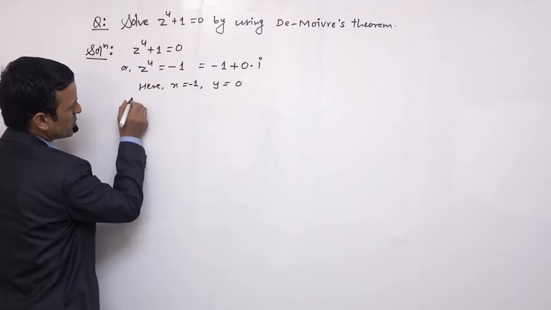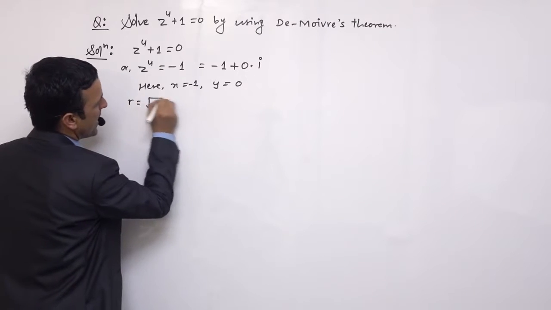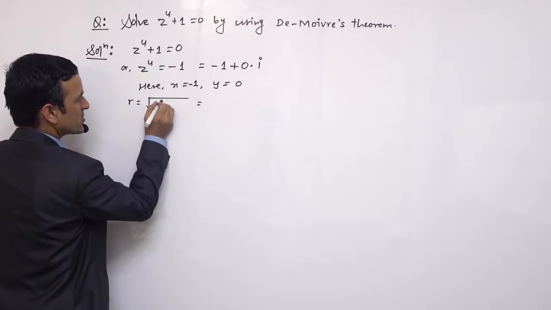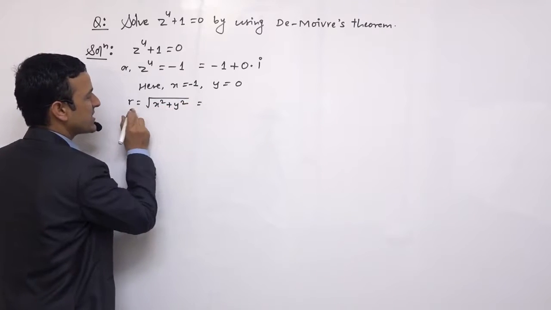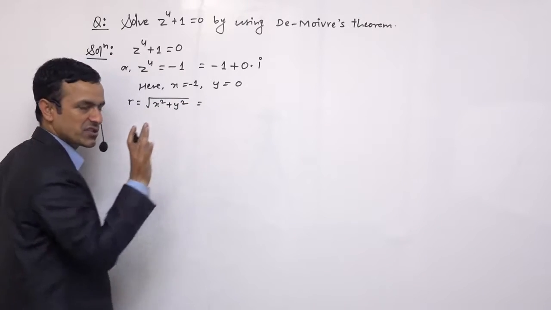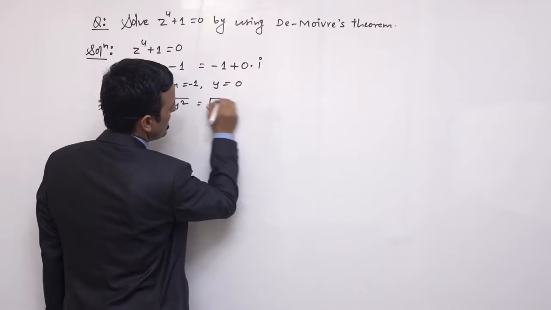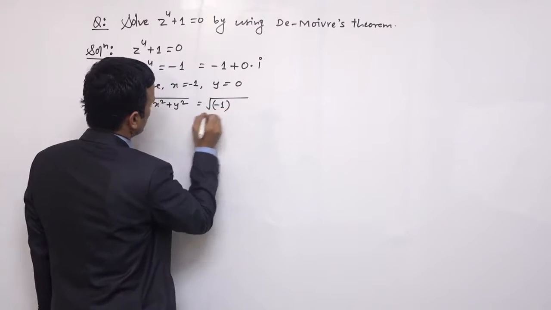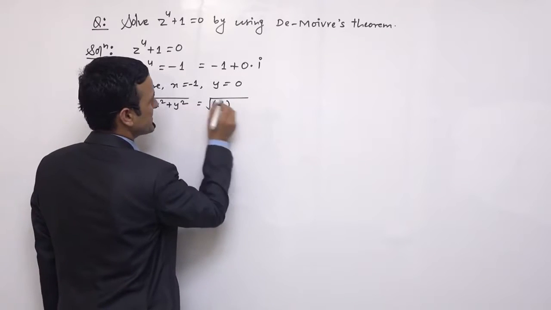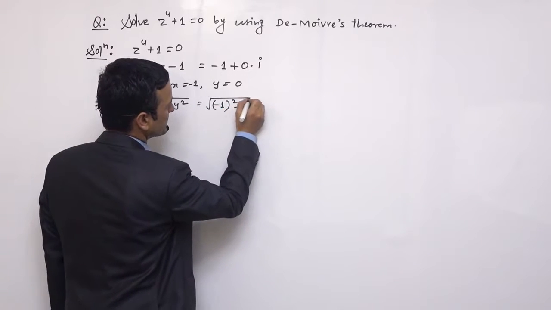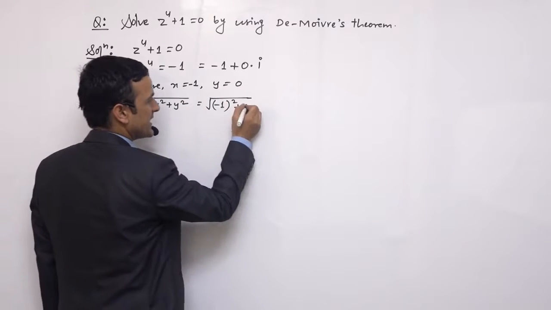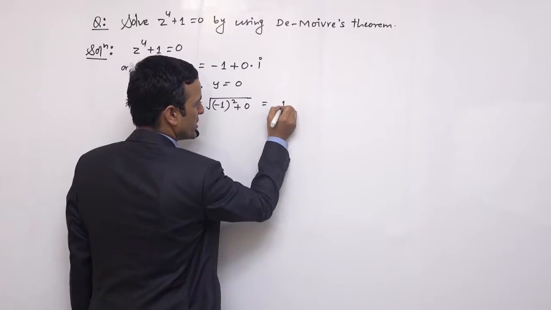So from this we get the value of r and theta. The value of r is the square root of x square plus y square. This is the formula to find the value of r. So the value of x is minus 1 square, the value of y is 0, so it will be 1.